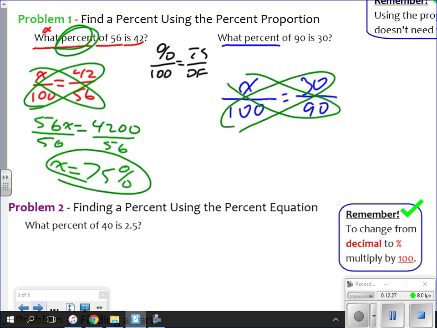Okay, X times 90, 90X, 30 times 100, 3,000. 3,000, not 30,000, 3,000. Don't want those extra zeros. Divide both sides by 90. What's my answer?